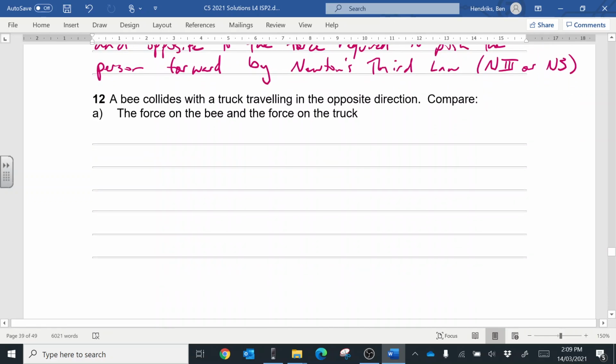So a bee collides with a truck travelling in the opposite direction. Compare the force on the bee and the force on the truck.